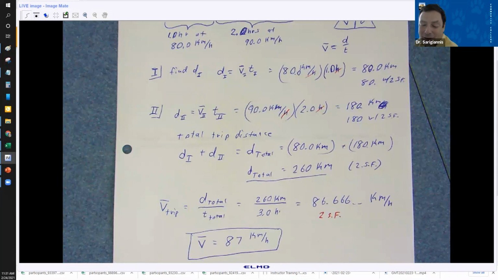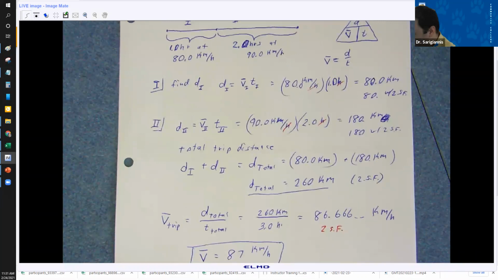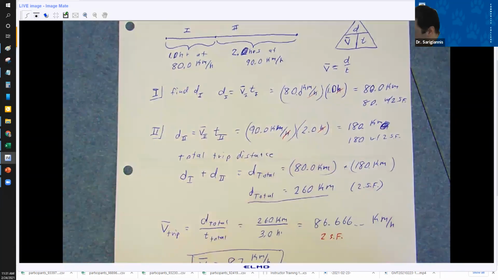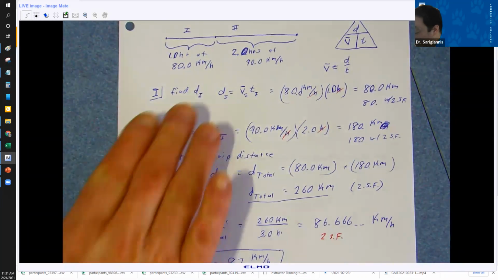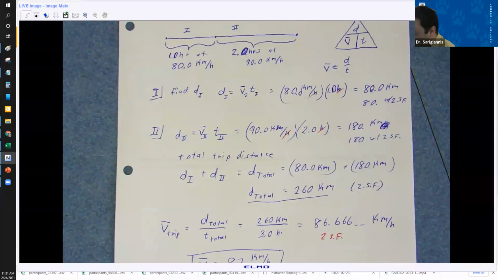Yeah, that's what you did. It's like saying 2/3 of the trip you went 90, 1/3 of the trip you went 80. That's all. Yeah, but this is the basis. This is basically what's happening, right? You're calculating the distance for each one of those. And it's really not that long of a calculation. I always make it longer than it really needs to be, just because I'm writing things out and explaining it as I go.